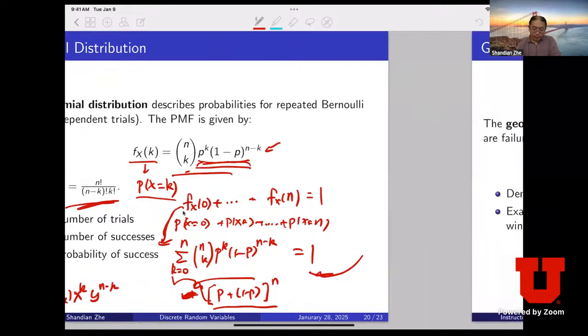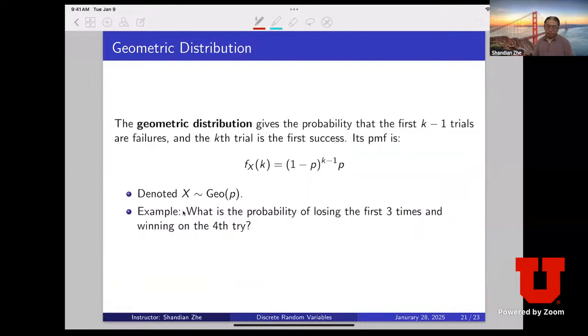Okay. So the binomial distribution might be a little bit complex, so we want to introduce an even simpler distribution. It's called the geometric distribution. So what is the geometric distribution?